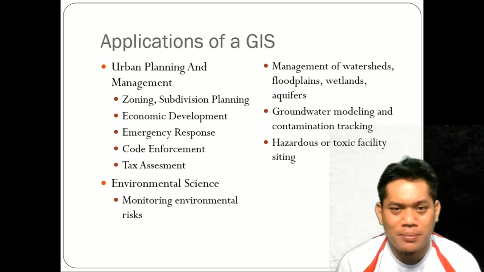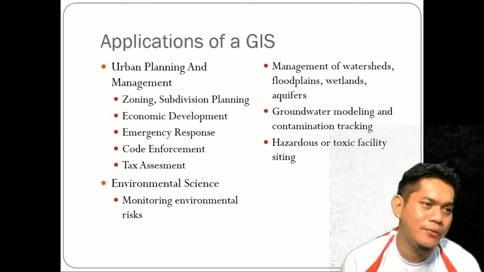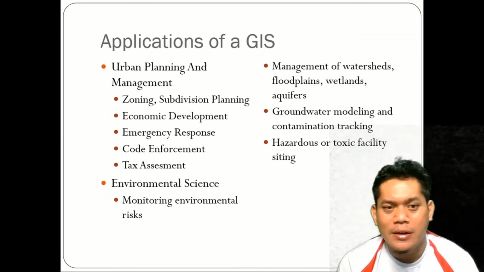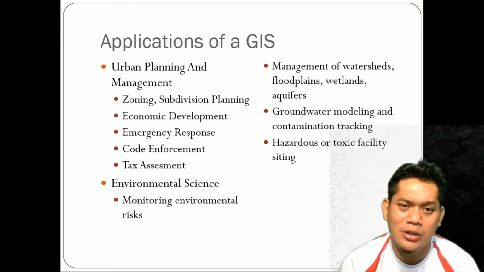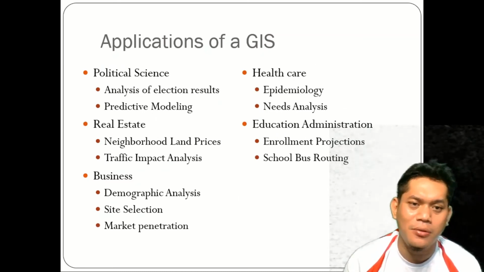We talk about the application of GIS for land use planning, for urban planning, for environment science, and so on. There are a lot actually. So basically, urban planning and management, environment science, a lot of things can be done and more.